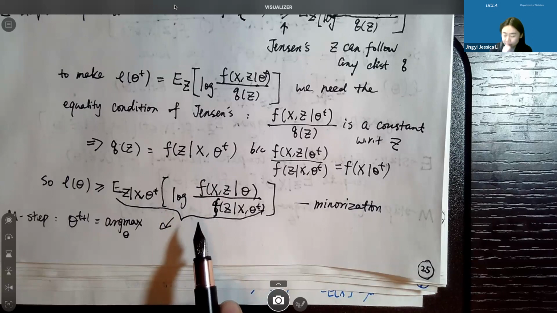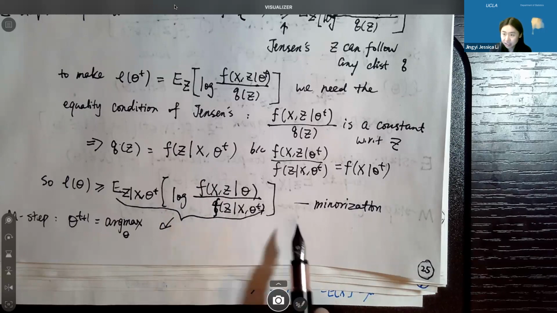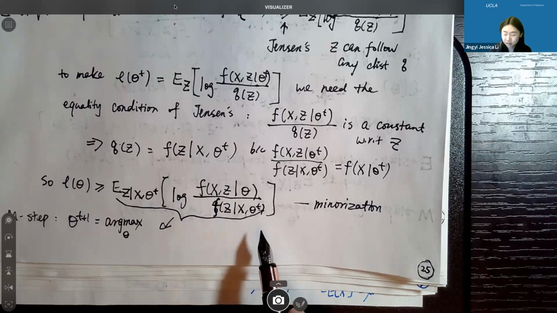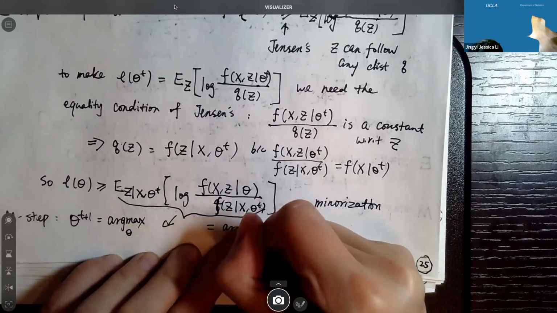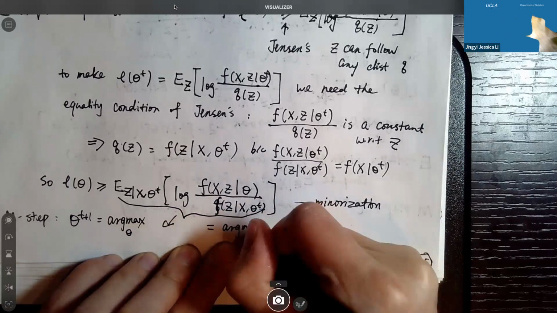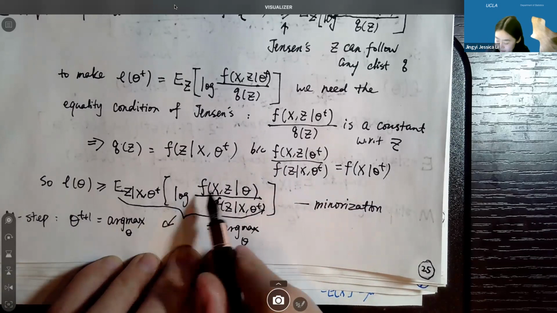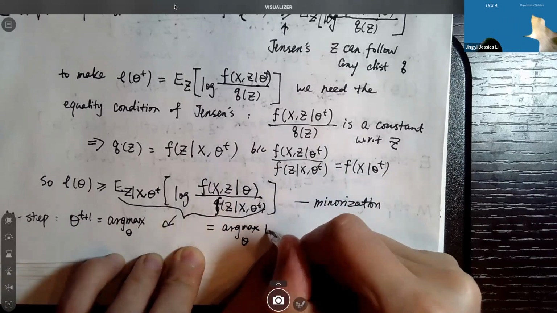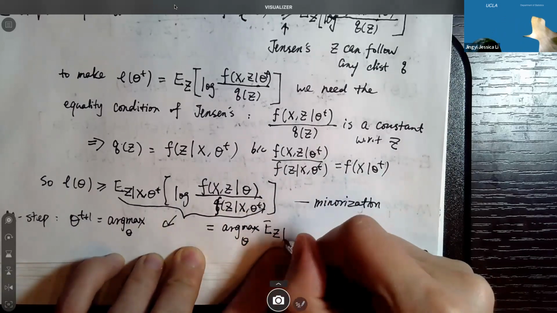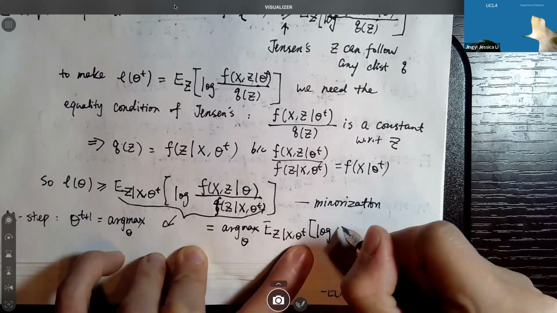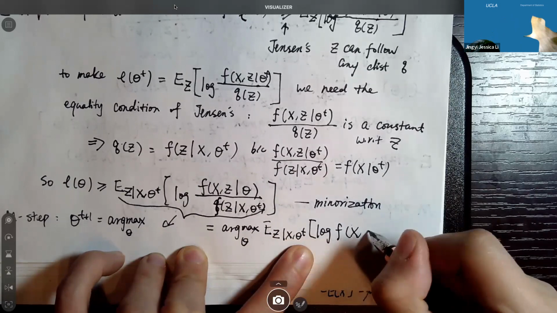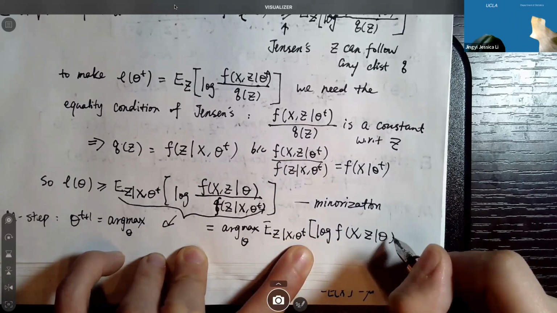And because the log of the denominator doesn't involve theta at all, this will not affect the maximization. So therefore, this argmax is just equal to the argmax of this log numerator inside expectation. So expectation z given x and theta t of log f x z theta, right?